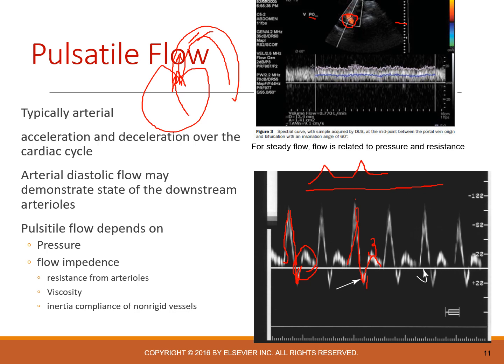When we're talking about the pulsatility of the blood flow, it is going to depend on pressure. If I have a patient with very poor heart function and a very low ejection fraction, my pressure during systole is going to be diminished, so I'm going to see changes there. So pressure is going to predict what my waveform is going to look like.